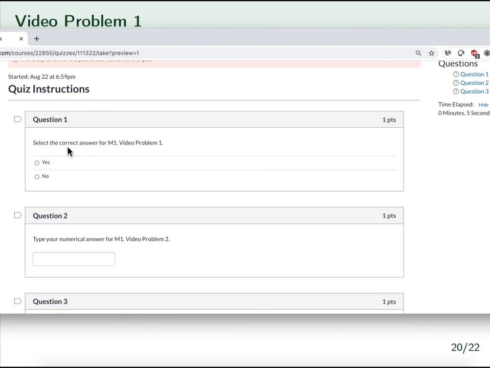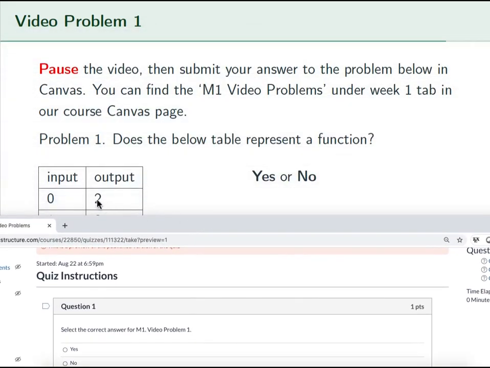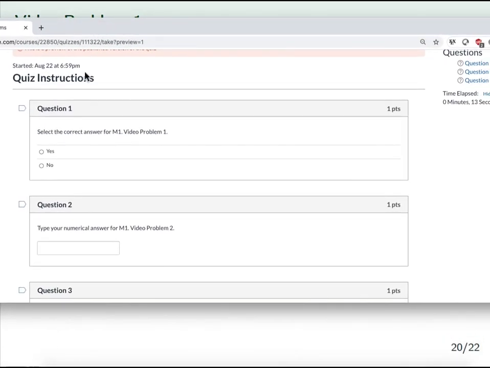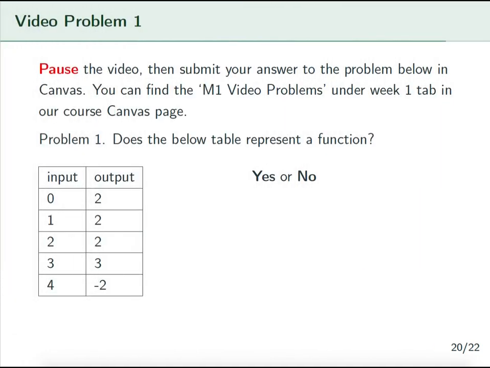So problem 1: select the correct answer for Module 1 video problem 1. The problem is asking yes or no: is this a function, yes or no? So you record your answer. Then maybe you can minimize your Canvas tab, then keep watching the video, and video problem 2 will show up later in this video.